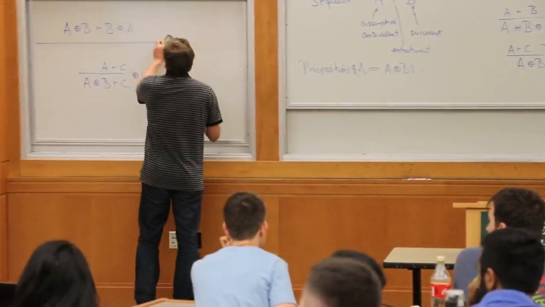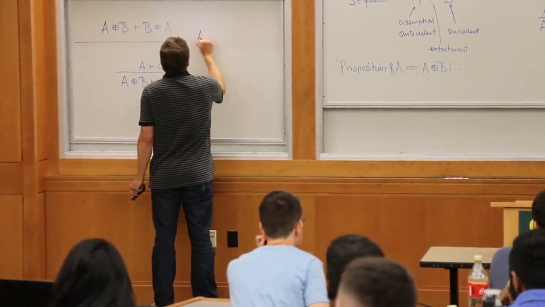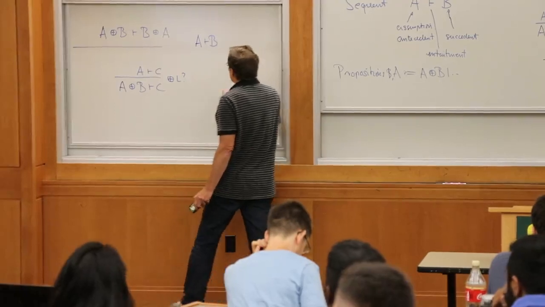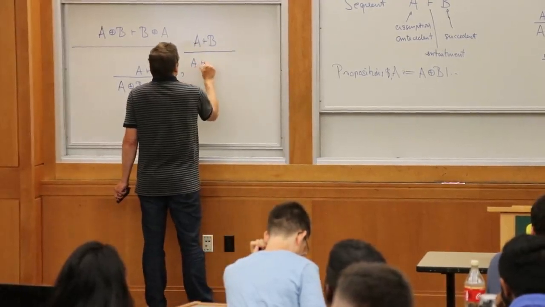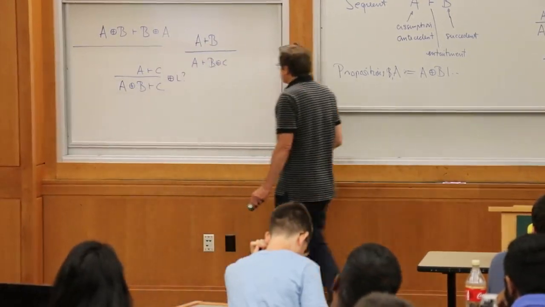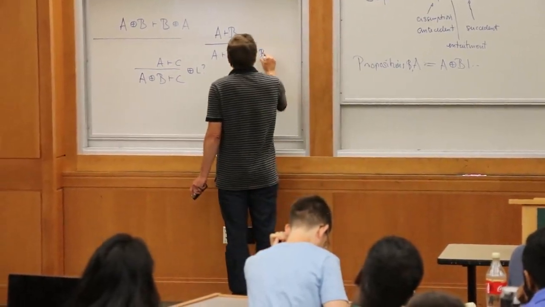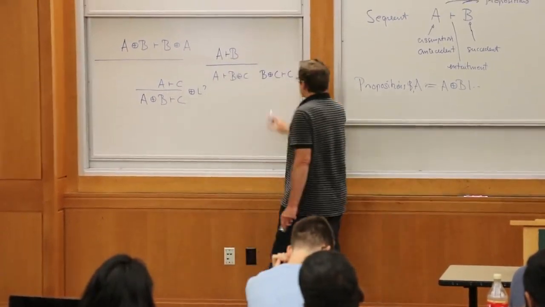So I think suppose A entails B, say. And then from that you deduce by the correct right rule that A entails B plus C. And then you cut that with B plus C entails C. Okay, so is that true here?